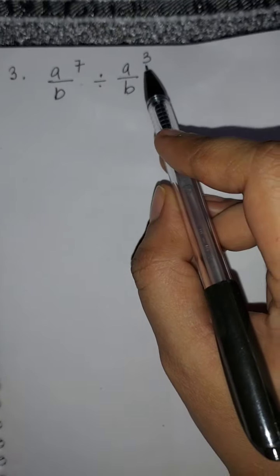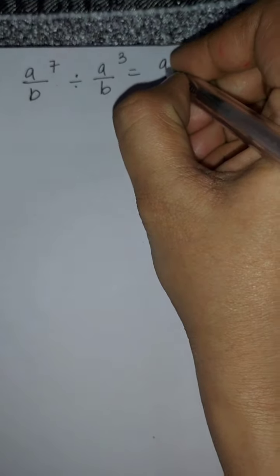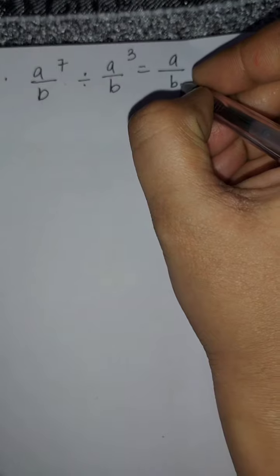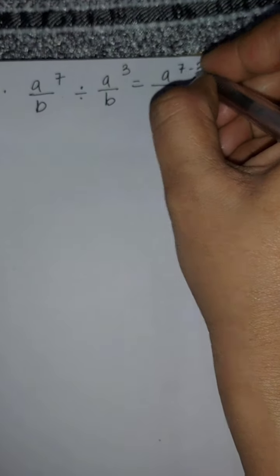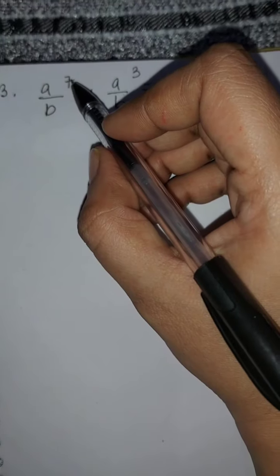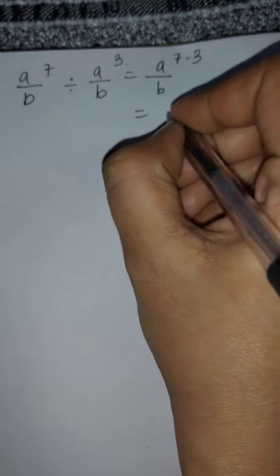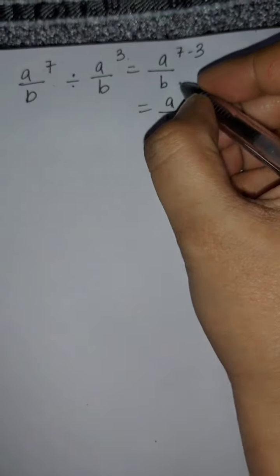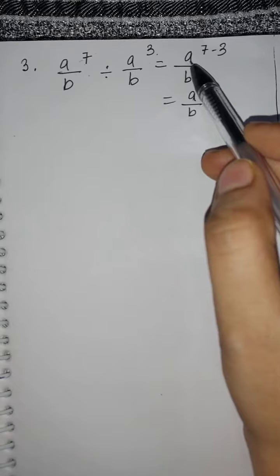First power is greater than the second power, so you will write the same fraction, and you will subtract the two powers. When the first one is greater than the second one, they can easily be subtracted. The answer will be a upon b, and 7 minus 3 we know is 4. So this is the condition when the first power is greater than the second power.